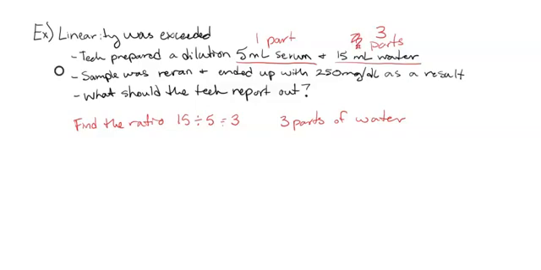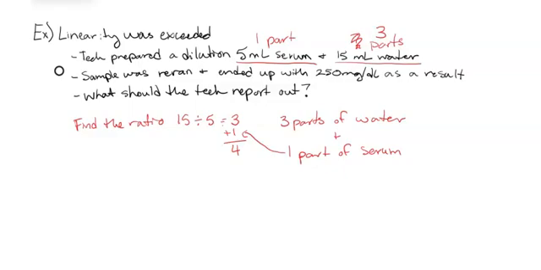So we solved that. In order to get our ratio, we have to have total parts, right? So it would be 3 parts plus our 1 part of serum. To get total parts, we add that 1 to our 3 to get 4.